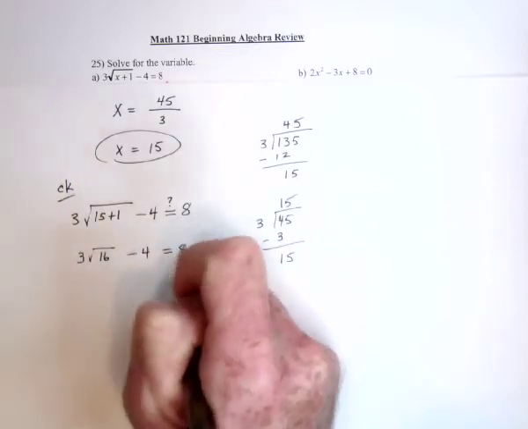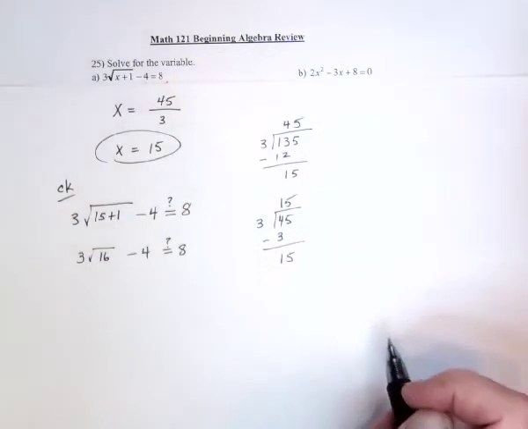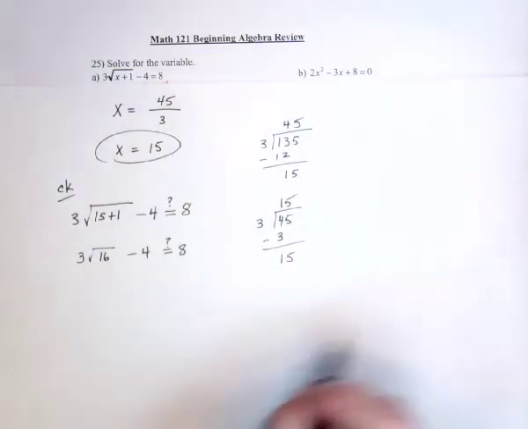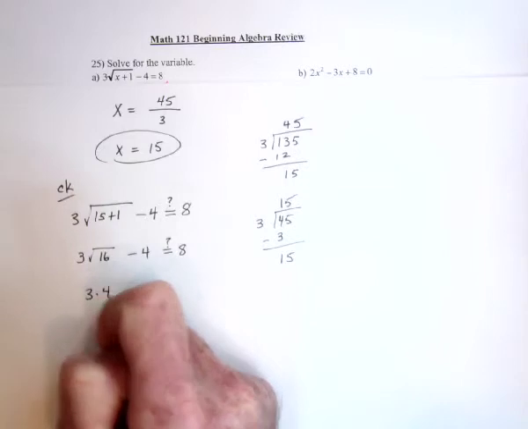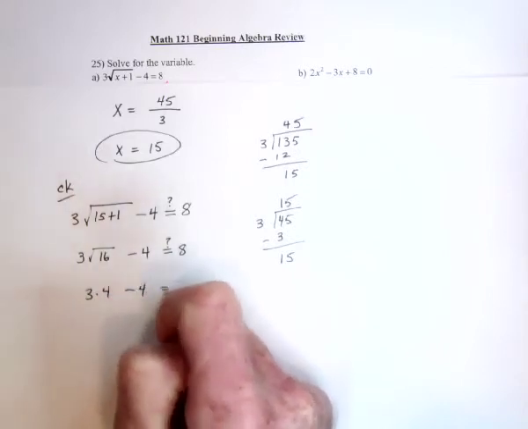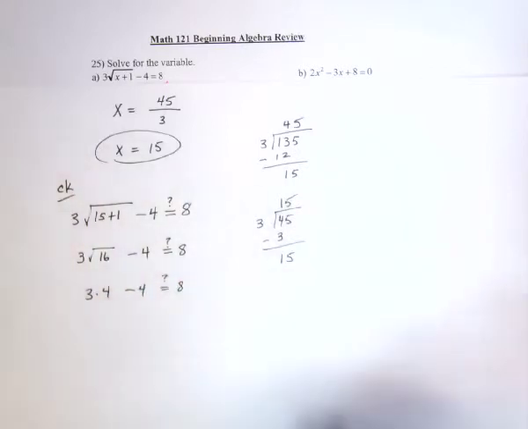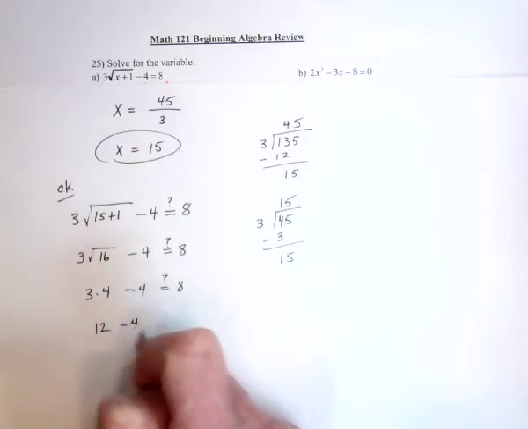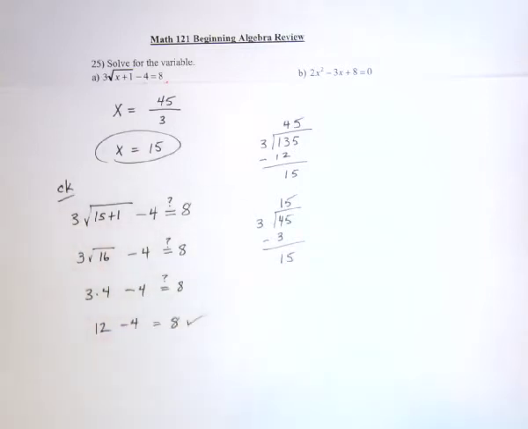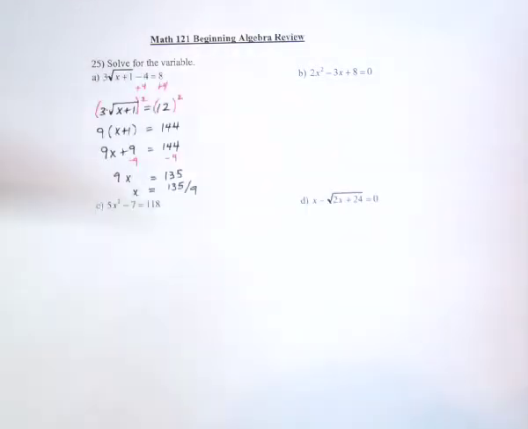Does that equal 8? Well, the square root of 16 is 4. So 3 times 4 minus 4, does that equal 8? I think it's right. Because 12 minus 4, does that equal 8? Yes. Okay, so x equals 15 is the keeper.